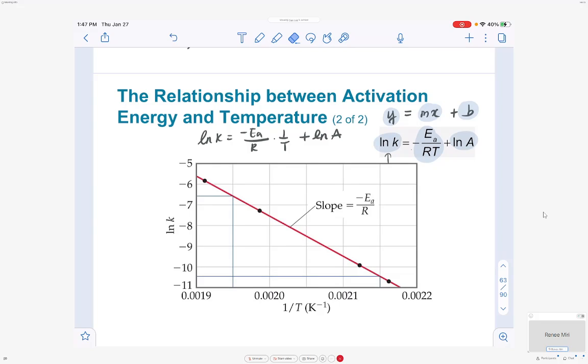This portion is y, this portion is m, this portion is x, this portion is b. So if you were to plot a graph of natural log of k versus 1 over T, this is going to give you a straight line, and the slope is going to be negative activation energy over R.